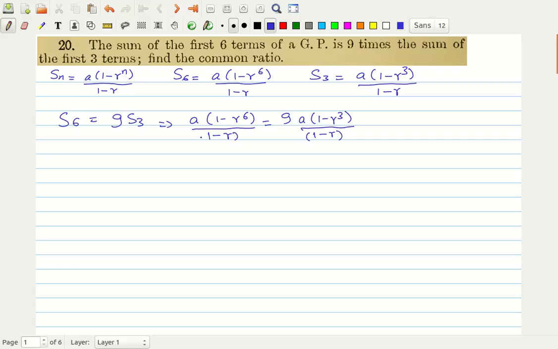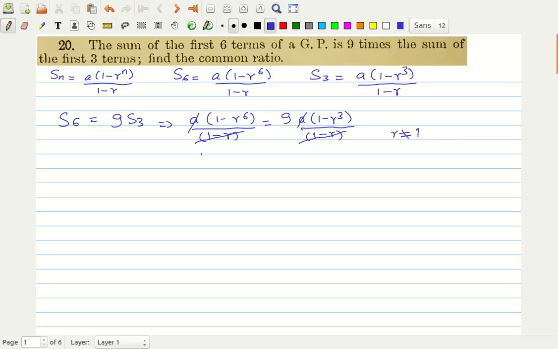Now we can cancel this a and this a, and similarly we can cancel this 1 minus r by this 1 minus r, but we have to remember that in that case r should not be equal to 1.